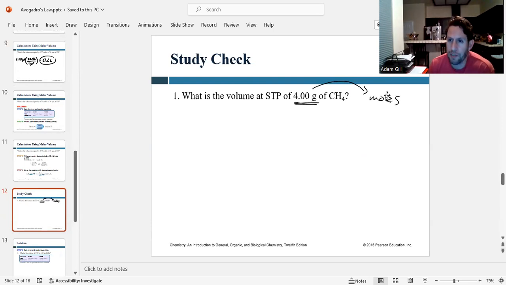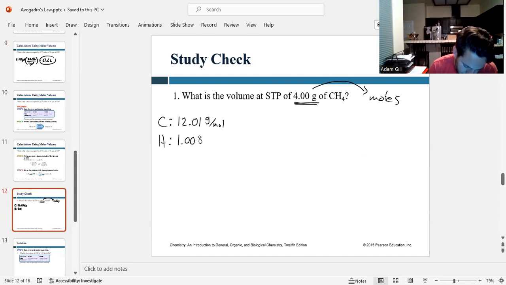In order to convert grams to moles, we need to factor in the molecular weight. And so from the periodic table, we know that carbon has a mass of 12.01 grams per mole. Hydrogen has a mass of 1.008 grams per mole. And there are 4 hydrogens in our molecule. We got to multiply that by 4.